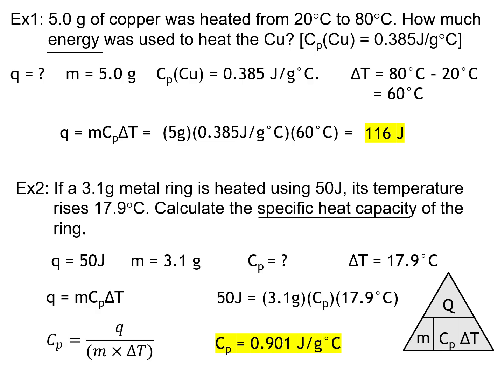So then you plug the numbers in and you solve for CP, and you get that, once again, it's less than 1. It is 0.901 joules per gram degree C. And then you could probably take this further, look up a table of values, and say, well, 0.901 sounds like it might be aluminum, I'm not sure, but aluminum is close to that.